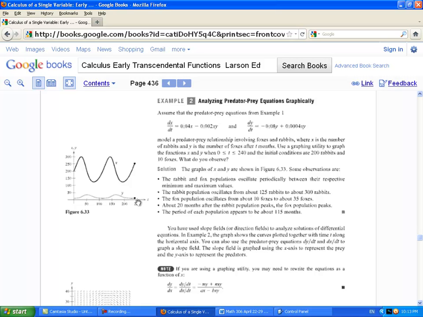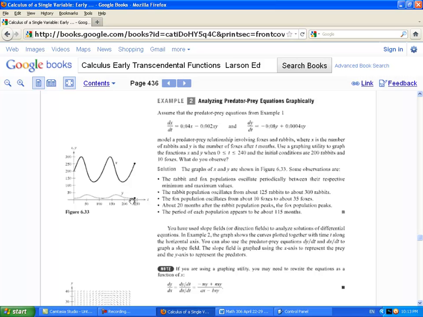This x-axis represents time, and the y-axis represents population. Notice that we saw before that 200 for rabbits and 20 for foxes was an equilibrium combination. Here we see that if we're not exactly at the equilibrium, the rabbit population goes up and down, the fox population goes up and down.